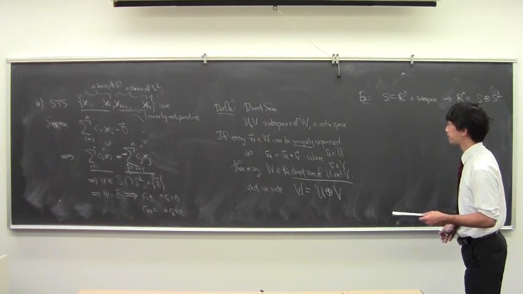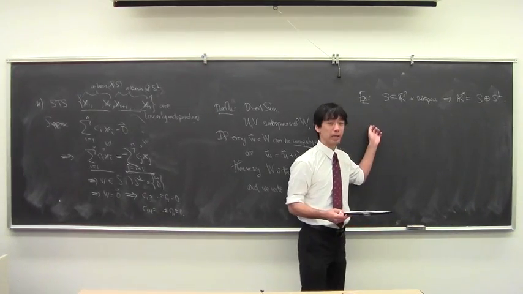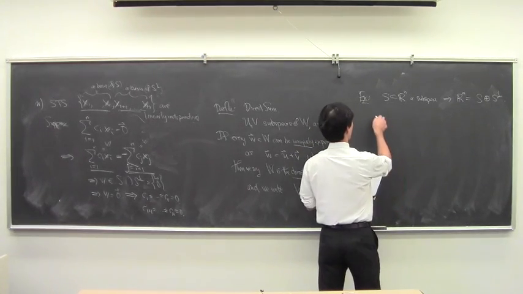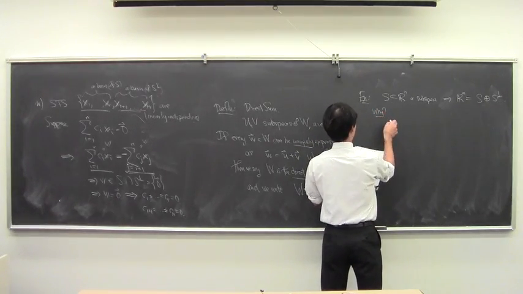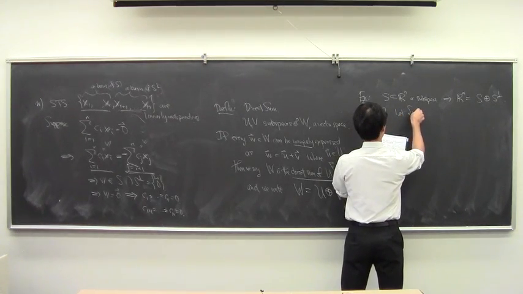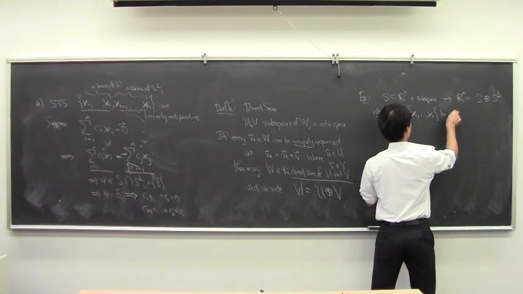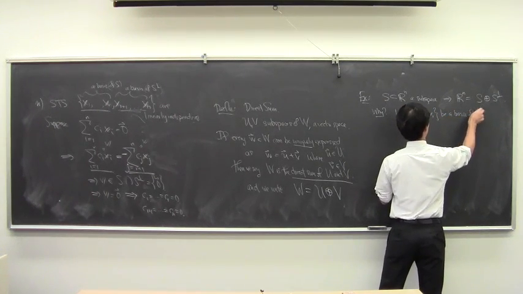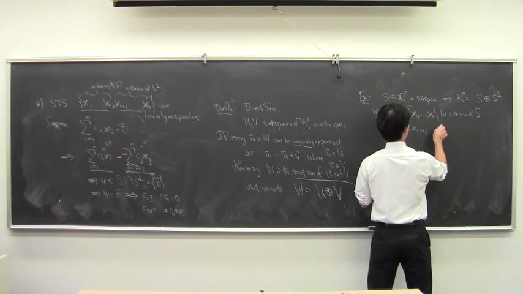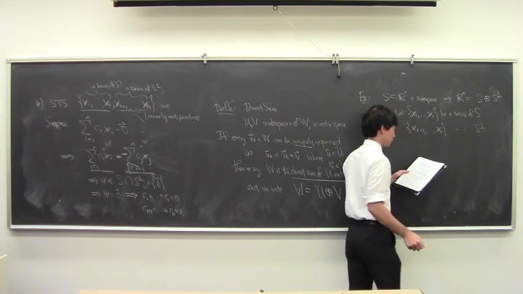So, why is this actually a direct sum? Why? Let, as before, x1 through xr be a basis of S, and x(r+1) through xn be a basis of S perp.